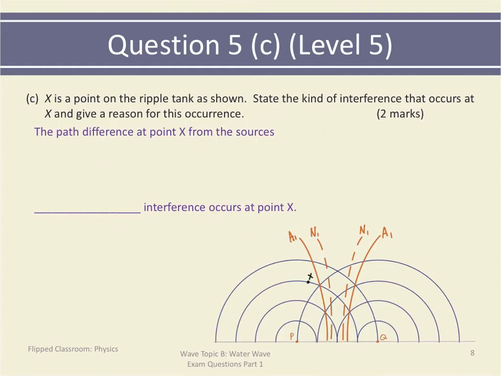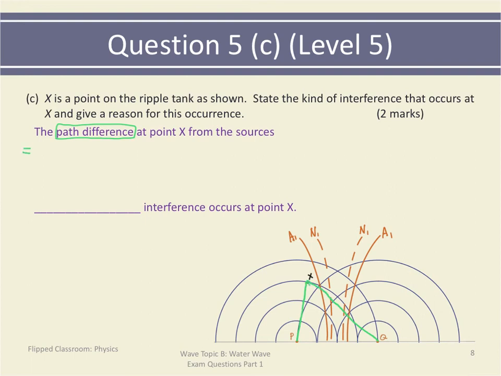Now for part C, X is the point on the ripple tank as shown. You are asked to state the kind of interference that occurs at X and also give the reason. Now we have to consider the path difference at the point X from the sources. If I go from P to X, I have to move 1, 2, and 3 lambdas. If I go from Q to X, it needs 1, 2, 3, 4.5 lambdas.